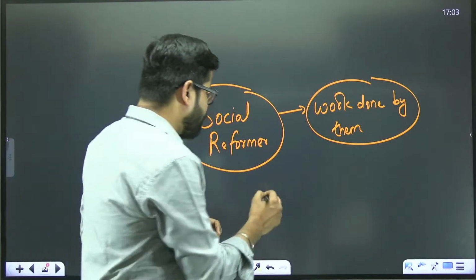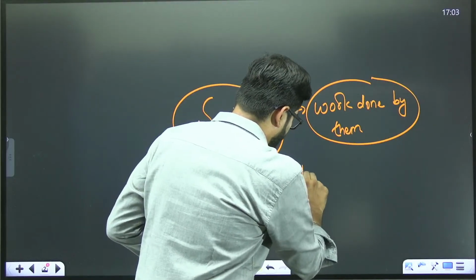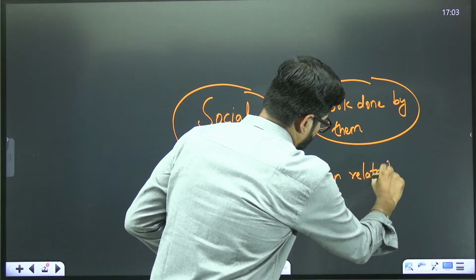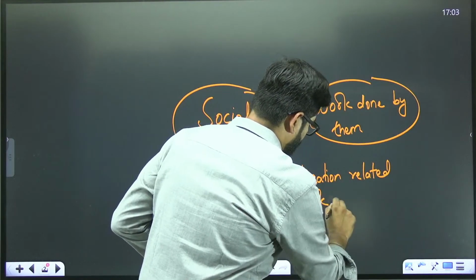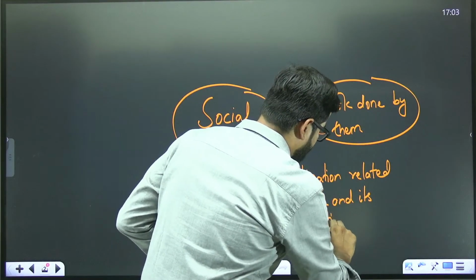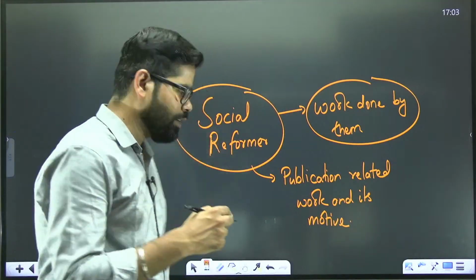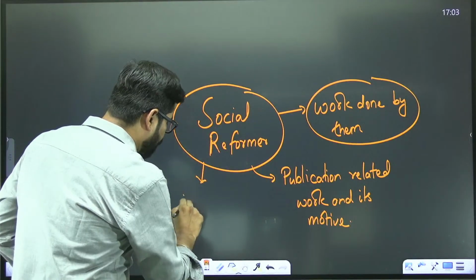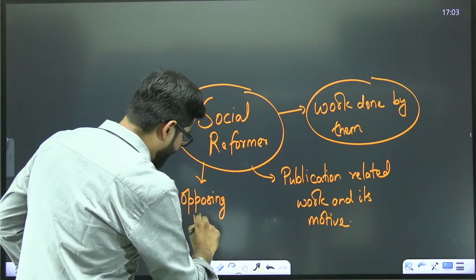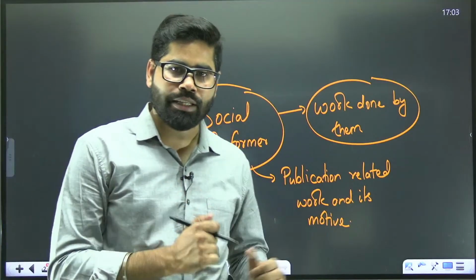So you will also find their publication related work and its motive, what motive was there with respect to their publication and everything. Third thing which you will also find is opposing views, if there were any opposing views. So that is one part.